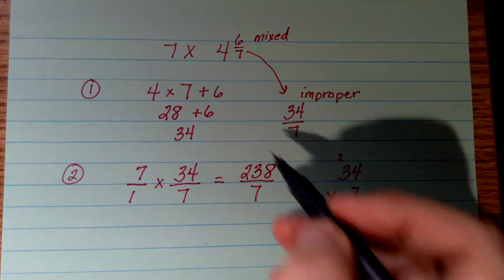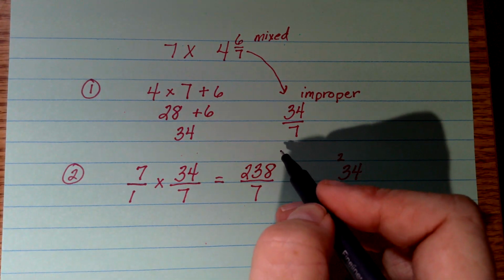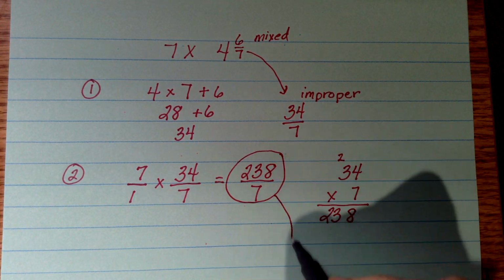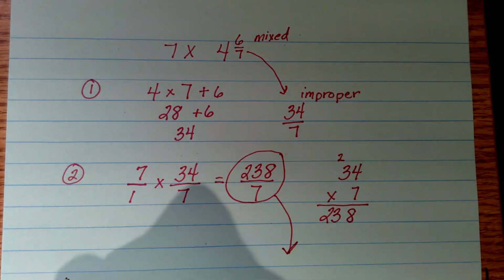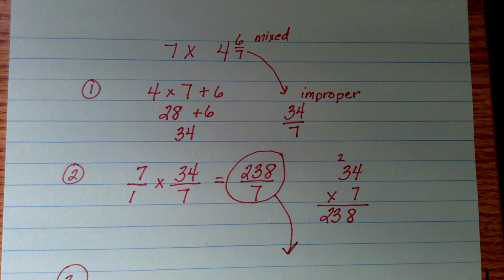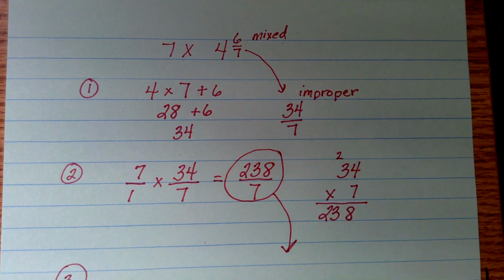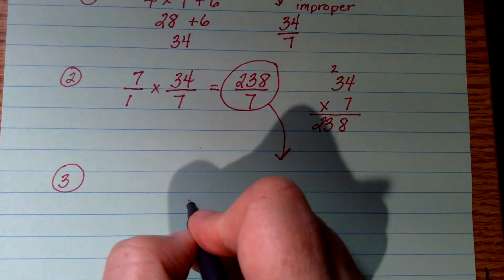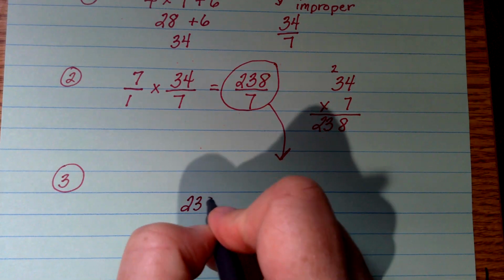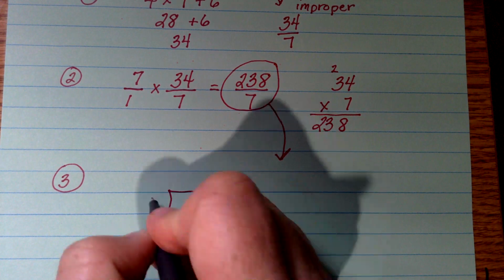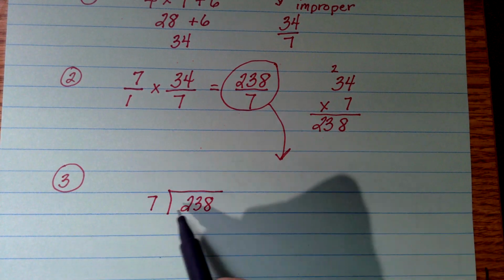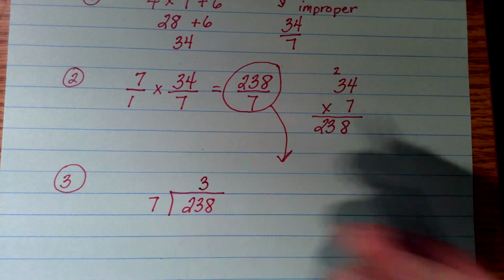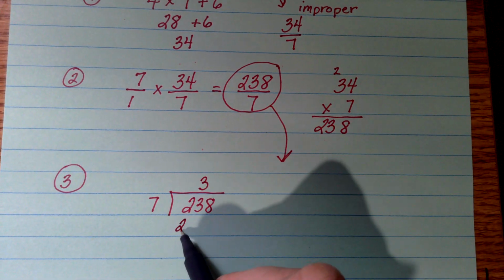Now I'm going to take this 238/7 and I'm going to divide the numerator by the denominator to get back to a mixed number. So notice we started out with a mixed number, we went to an improper fraction. Now we have an improper fraction and we're going to change it to a mixed number. 238 divided by 7. 7 can't go into 2, but it can go into 23 3 times. 3 times 7 is 21.